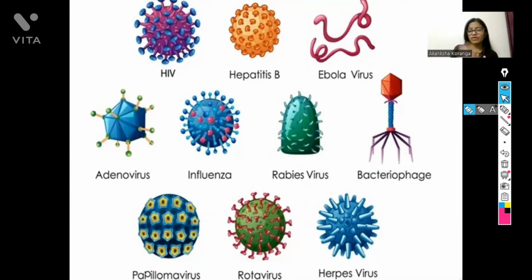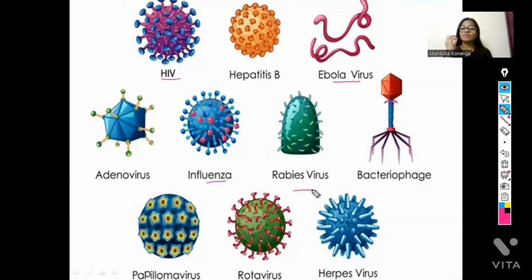According to me, these are all images of different viruses, like Ebola virus, HIV, influenza, rabies virus. Yes, these are pictures of different types of viruses. And what I can observe is that these viruses have different shapes. Here they are round with longer spikes, here they have shorter spikes.